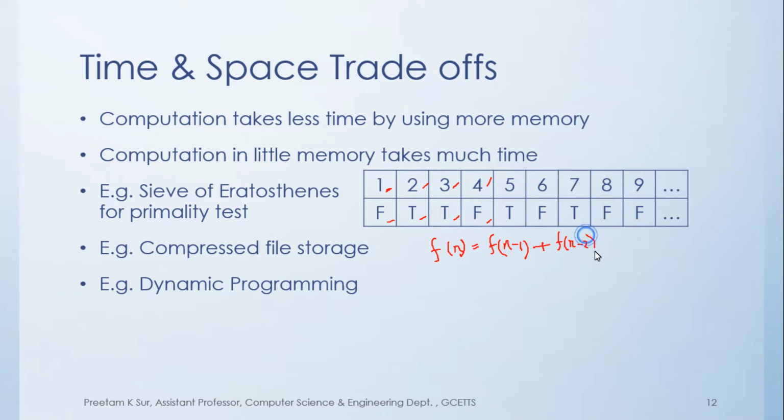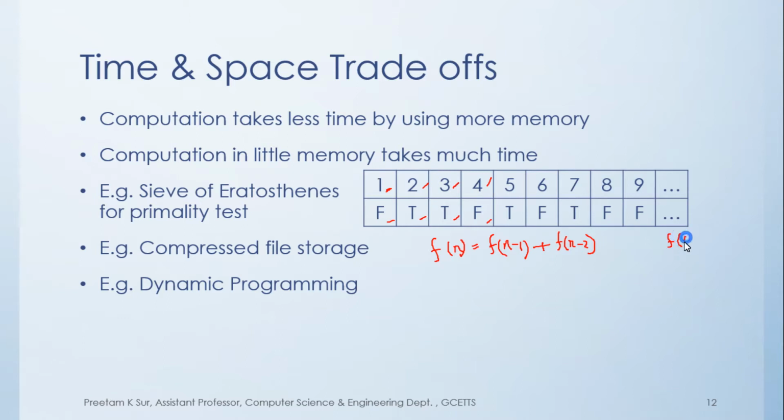Now if you implement this recursive definition of finding the nth Fibonacci number, and take an example, you can understand what the overlapping sub-problem means and how we can use the space-time trade-off to improve the performance.